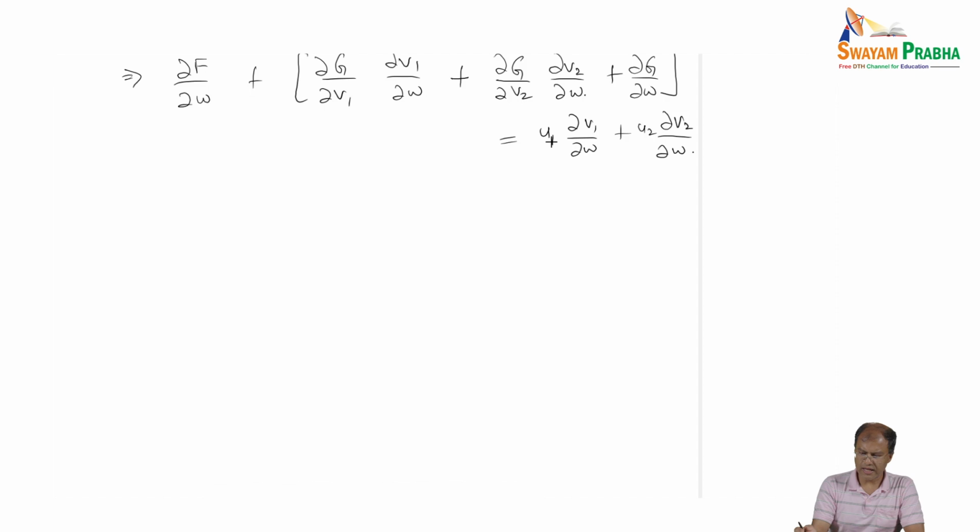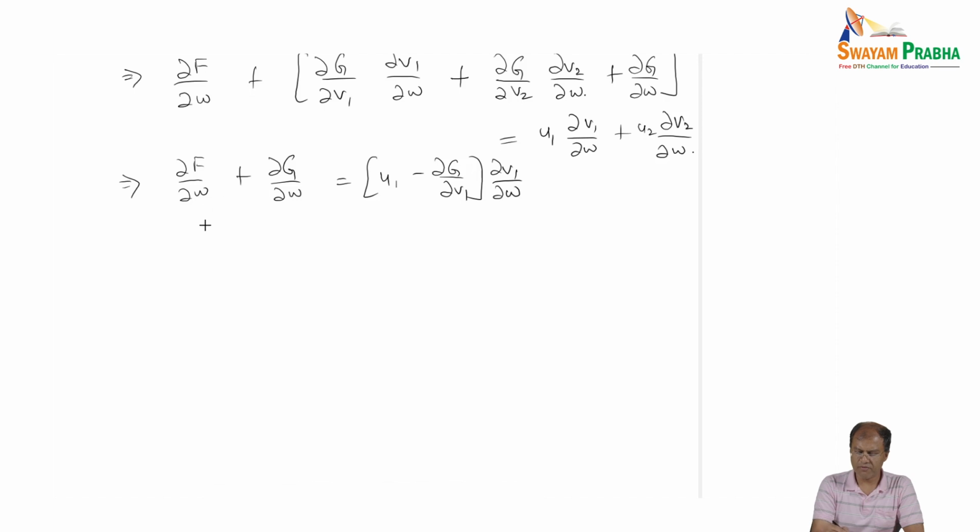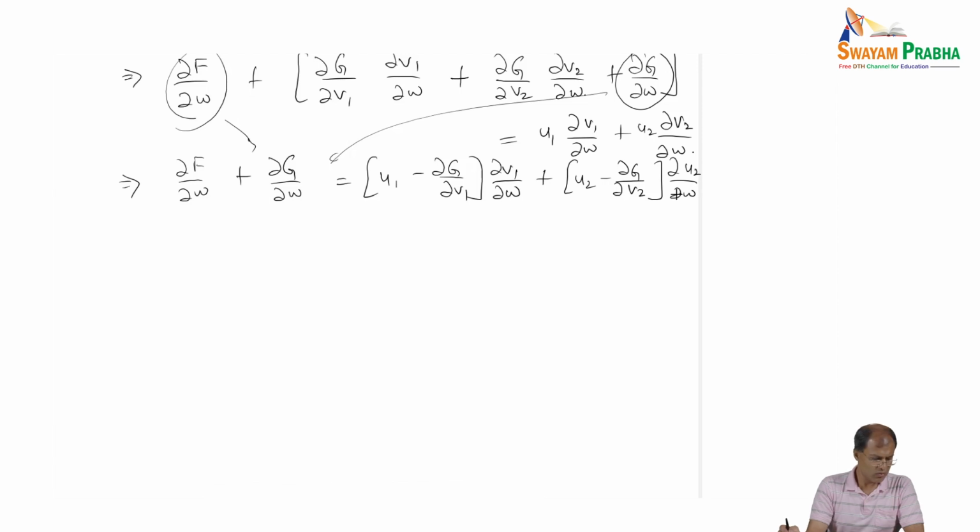If we do that and club everything on the left hand side, we get partial f partial w plus partial g partial w equal to u1 minus partial g partial v1 times partial v1 partial w, plus u2 minus partial g partial v2 times partial v2 partial w. Partial f partial w is here and partial g partial w is here.